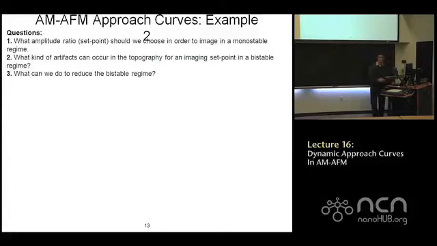Let's assume that we're stuck with the cantilever and the sample we have, and what can we do to try to make the bistable regime smaller? Okay, so let's go on to try to answer these questions.